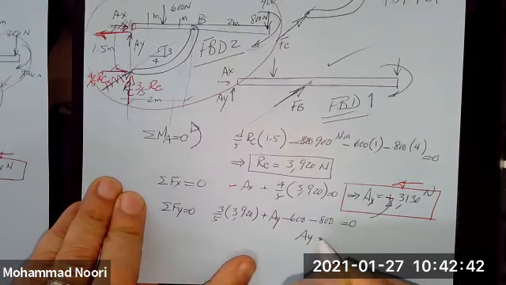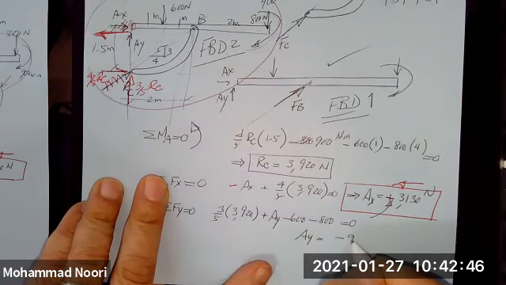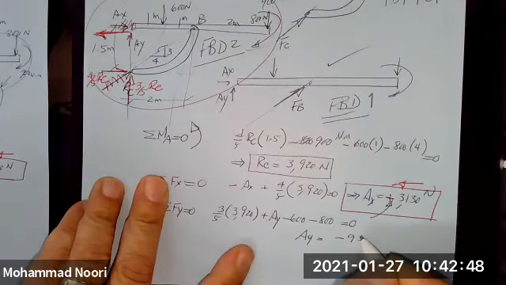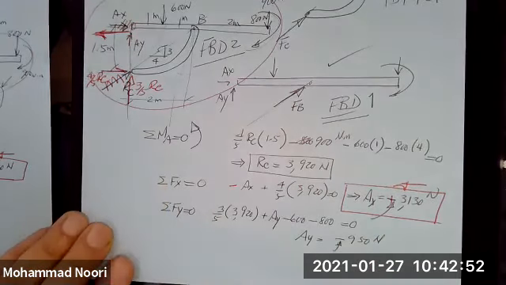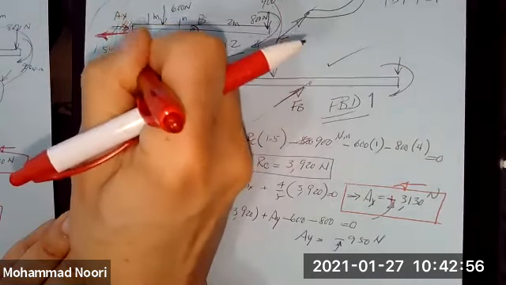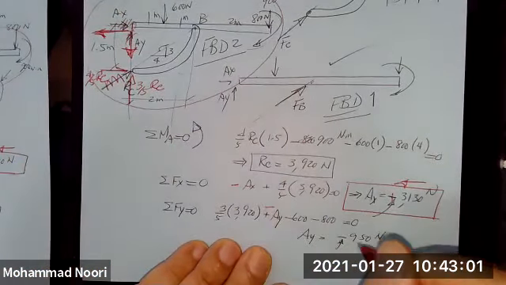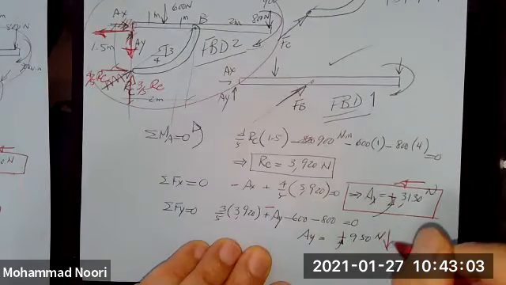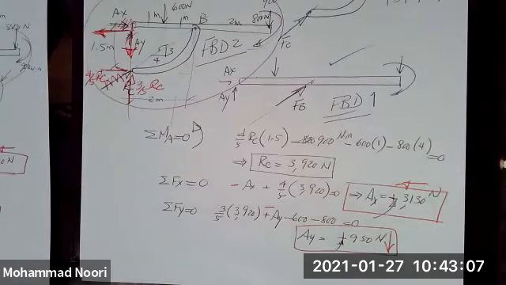And you see that AY comes out to be negative 950 Newton, which means the assumed direction for AY was also wrong. So AY is actually acting downward. So this is negative, this is positive. So this is AY.